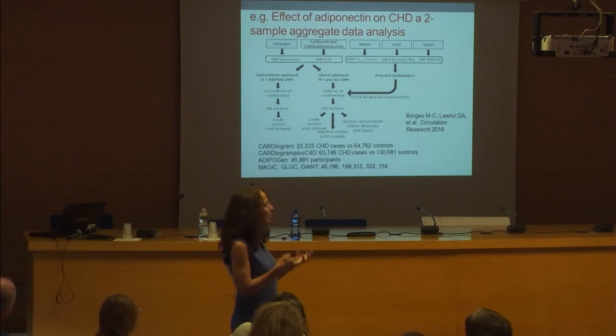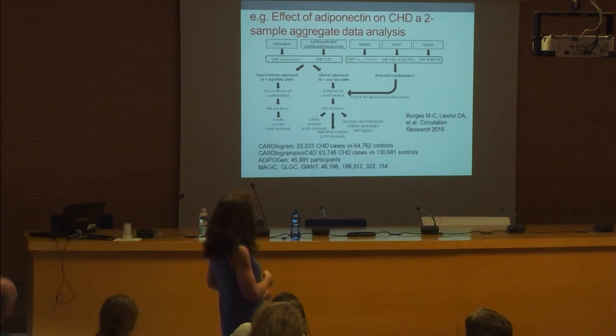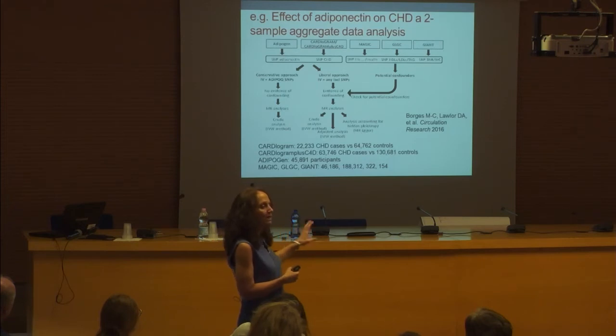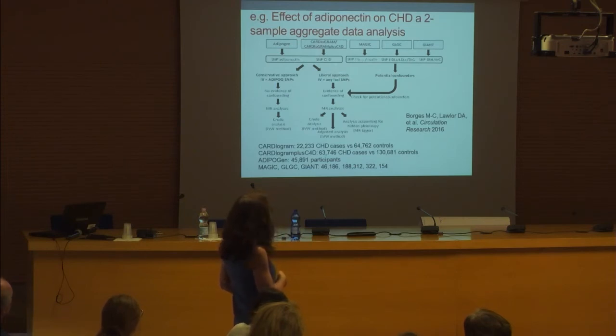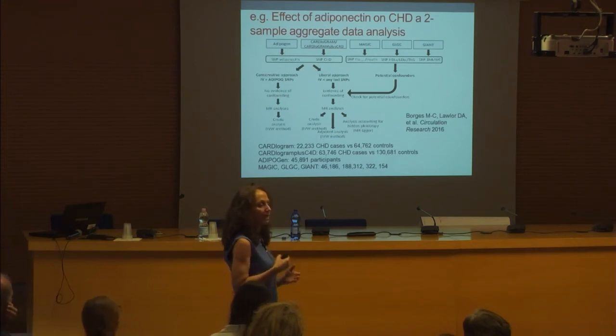And then we did a more liberal approach where we included all 17 genetic variants, those 4 in the adiponectin gene, but also any other genetic variant that had been shown to be genome-wide significant and replicated. We knew that some of the genetic variants in those additional 13 have also been shown to relate to glucose type measures and lipid type measures.